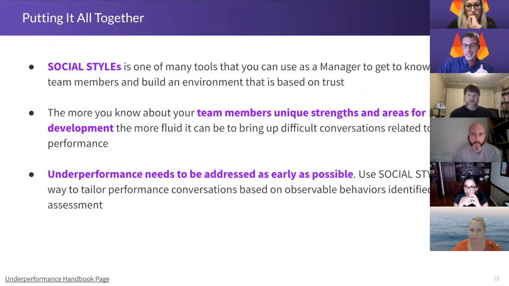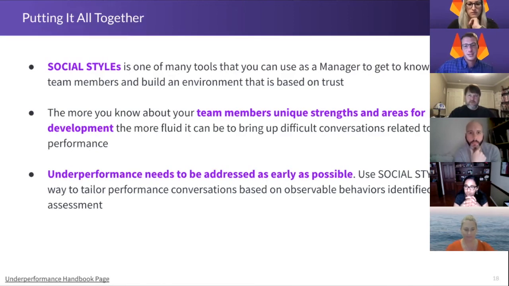I think it's easier to remember other people's styles versus, say, their Myers-Briggs personality types. I don't think I know anybody's off the top of my head. And it really reinforces that the more we know about our team members' unique strengths and areas of development, the more fluid it can be to have difficult conversations. And lastly, underperformance needs to be addressed as early as possible.